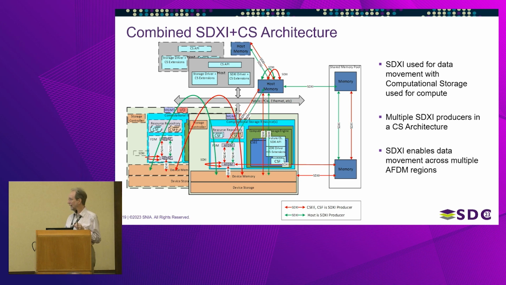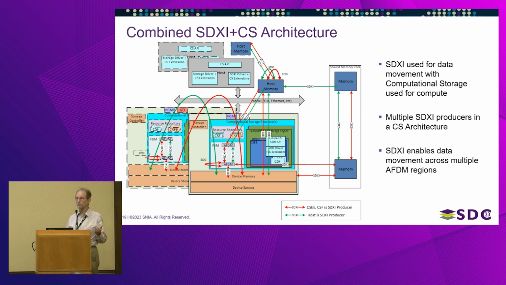But the SDXI is used for data movement, but there is either an SDXI where the engine is where the CSEE or the CSF is the producer of the data movement. And then there's also, and that's the red arrows on here, the case where the host is the SDXI producer. And by producer, that means who is running the DMA to move the data from one memory location to another memory location.